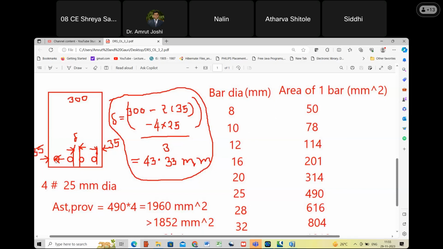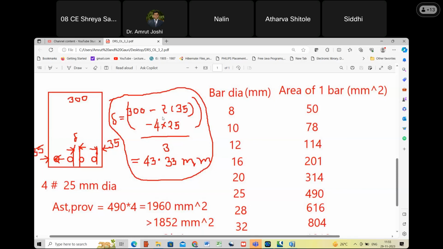Yes, sir. So 35 mm from the left hand side and 35 mm, that is the clear cover that we have assumed, that is gone. So 300 minus 2 into 35. And then we have 4 bars. So 4 into 25, that is also subtracted. So 300 minus 70 minus 100. Happy?